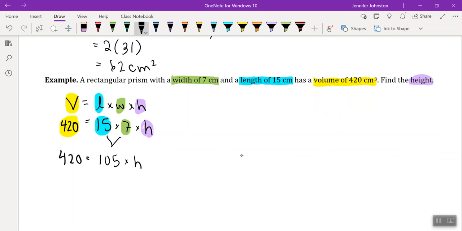So I want you to think of something easier. Something easier would be like 8 is equal to, let's say, 2 times h. Do you know what that h is? I bet you can guess what it is. 2 times what is 8? That's just like 105 times what is 420.